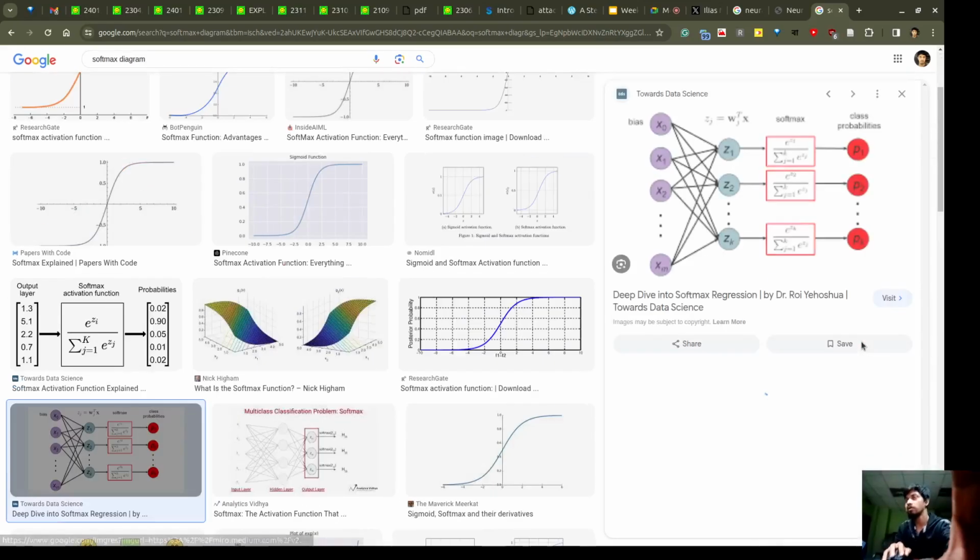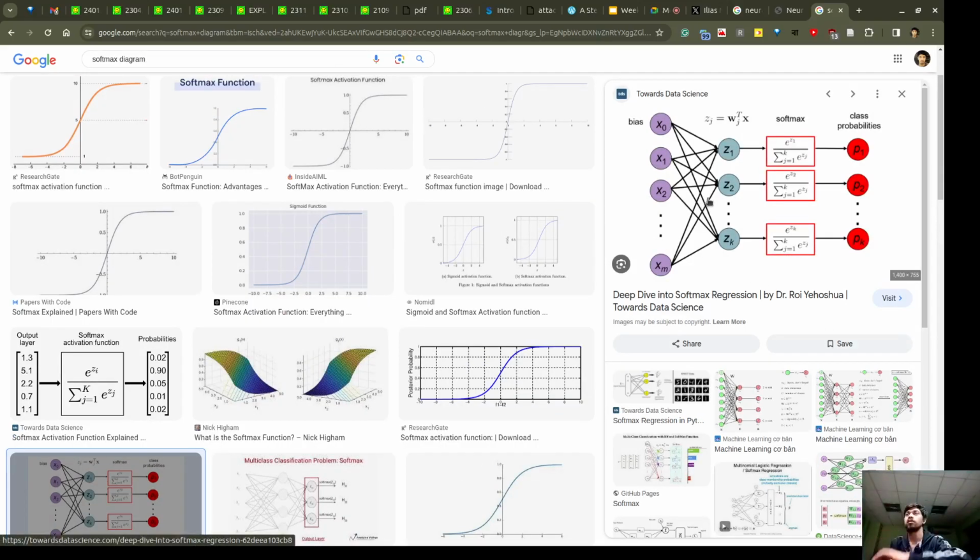Okay, so this is the diagram. Suppose this is the output value here, here and here. Then we calculate softmax. Softmax means e to the power of this value divided by e to the power of this plus e to the power of this, plus e to the power of zk.